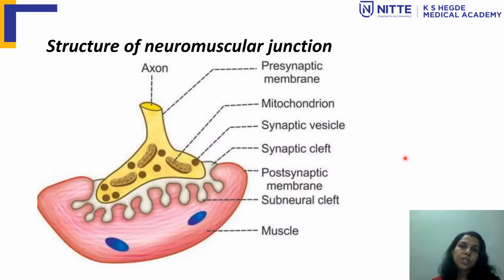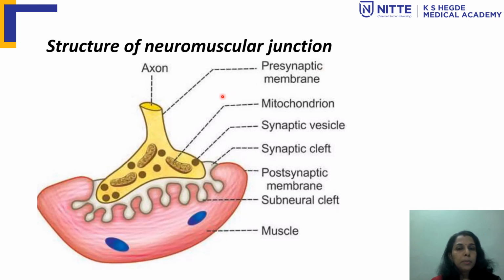Coming to the structure of neuromuscular junction. To begin with, the axon. The axon is a part of the motor neuron which extends from the cell body to the muscle fiber. It is the one which conducts the electrical impulses in the form of action potential.